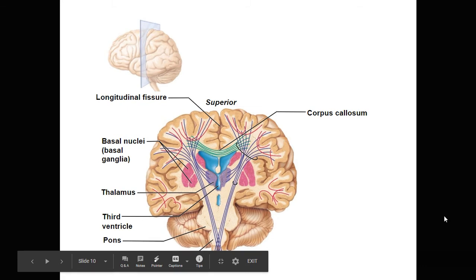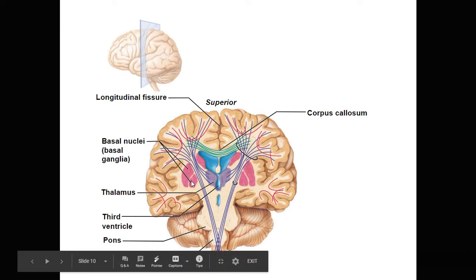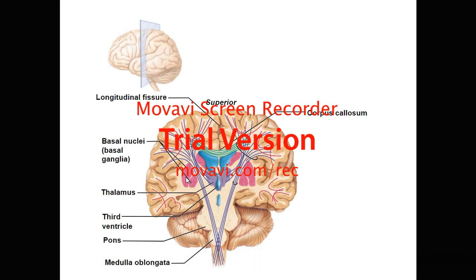This is a transverse cut of the cerebral cortex, and you can see the pink right here. This is your basal nuclei, and that's going to be your globus pallidus and your putamen.